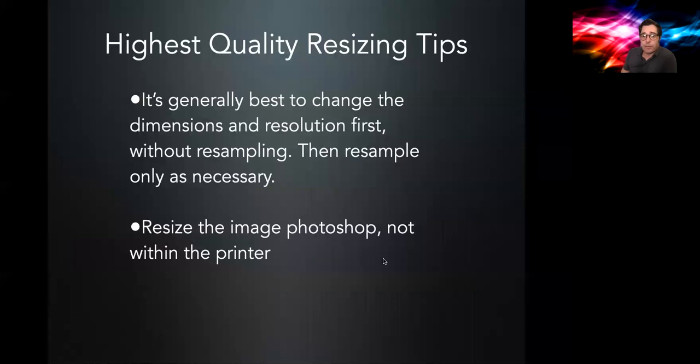So just some tips. It's generally best to change the dimensions and resolution first without resampling, and then also to resize the image in Photoshop, not within the printer. That should be in Photoshop.